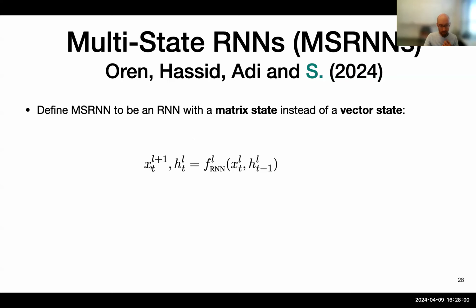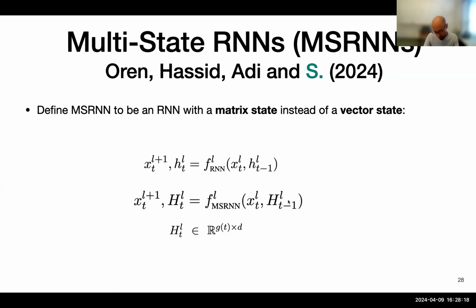So if this is the previous representation of an RNN, the previous equation that I showed you earlier, now let's replace this hidden vector, again the vector of the previous token, with some matrix. Now the definition is exactly the same, just instead of working with vectors here, we're working with matrices, and we get as input a matrix and we return a matrix.